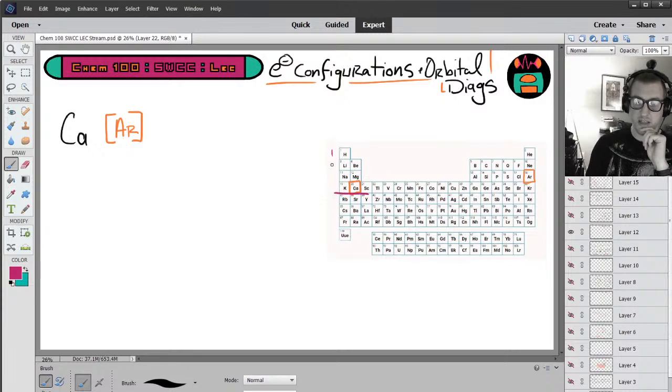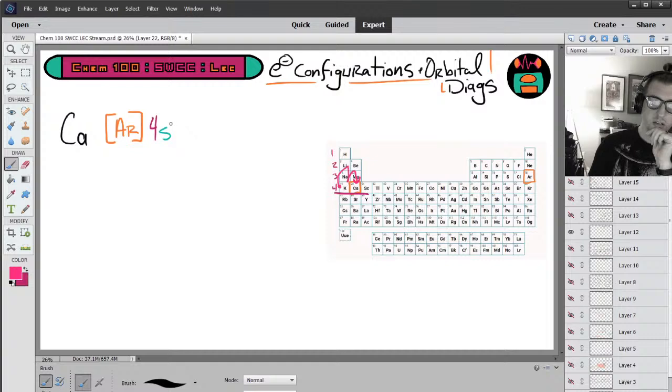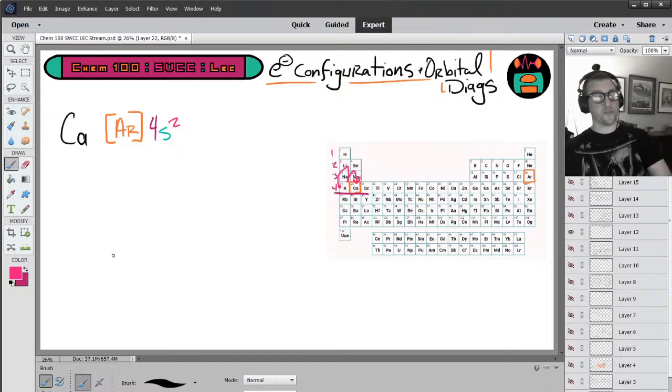Calcium is on the fourth period. So 4, calcium is in the S block. Then we start on the very edge, bounce 1, 2 spaces in. So the electron configuration for calcium is argon in a bracket, 4s2.